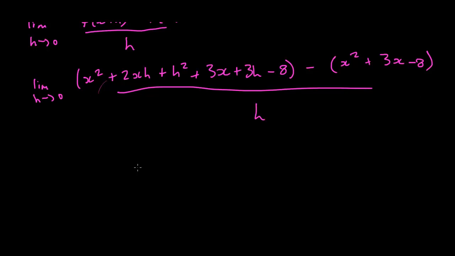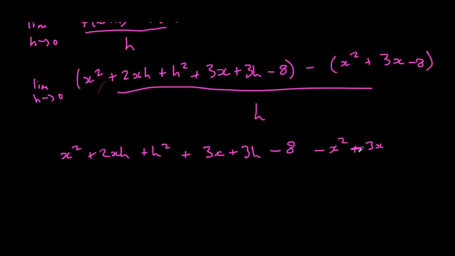So if you think about it, at the top, I'm just going to further simplify this. Since the minus is timesing all this, I'm just going to write this here: x squared plus 2xh plus h squared plus 3x plus 3h minus 8 minus x squared minus 3x.